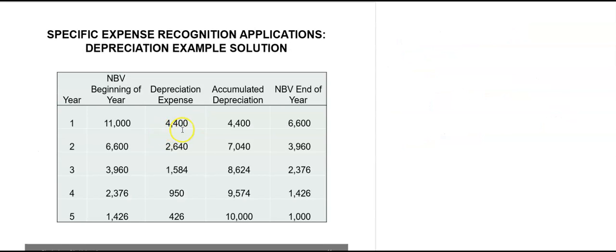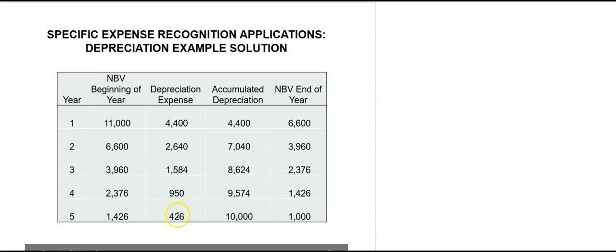The complete schedule of depreciation for our example is shown here, where depreciation expense each year for the first 4 years is exactly 40% of the net book value of the last year. However, in the 5th year we see that depreciation expense is only 426.